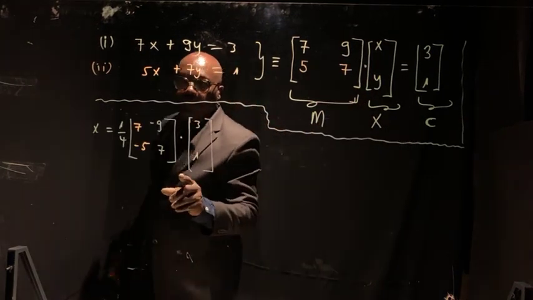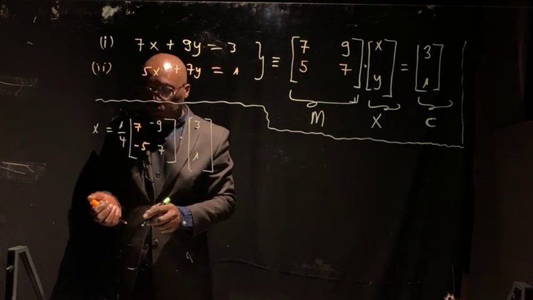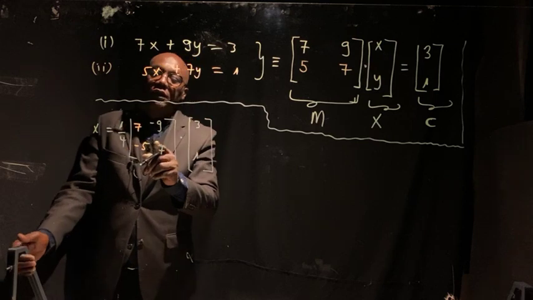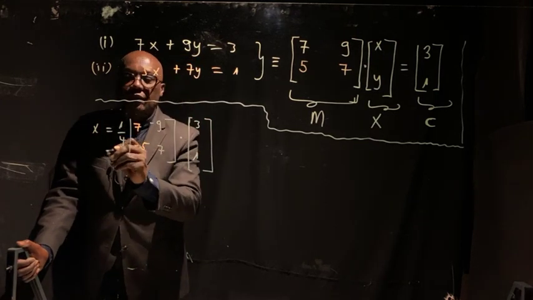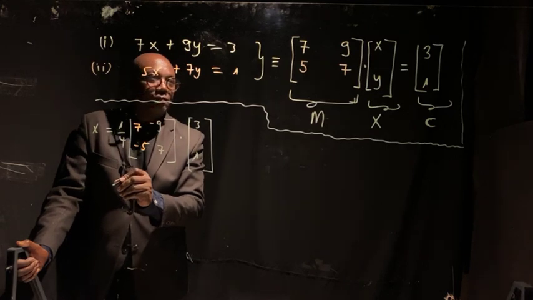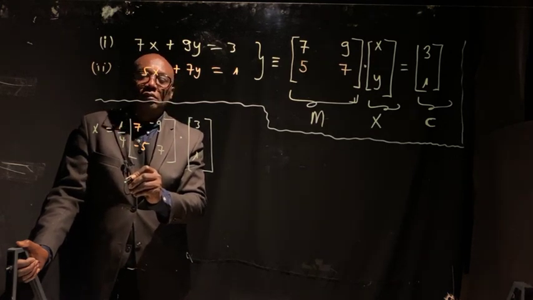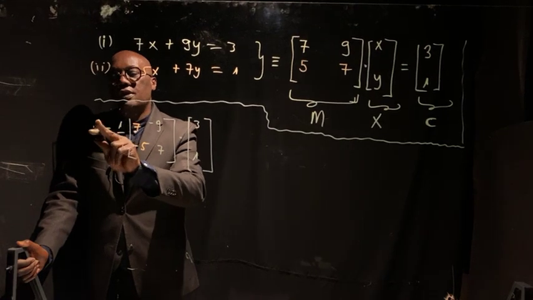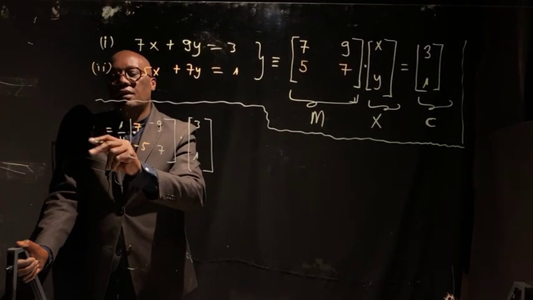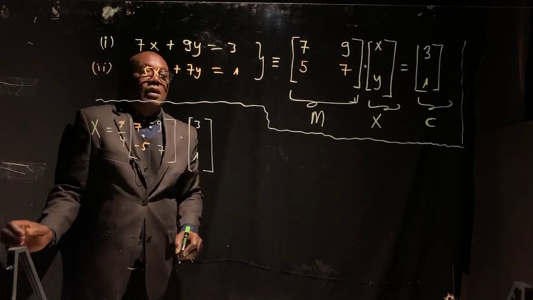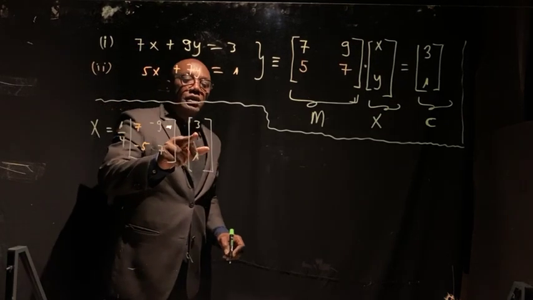This is where we left off. Now we are going to perform matrix multiplication on this equation. By the way, this is big X. Good. And we said that C was 3, 1.